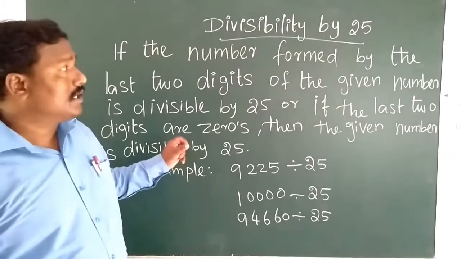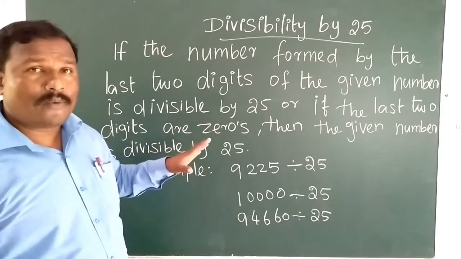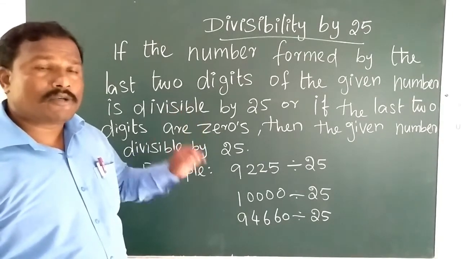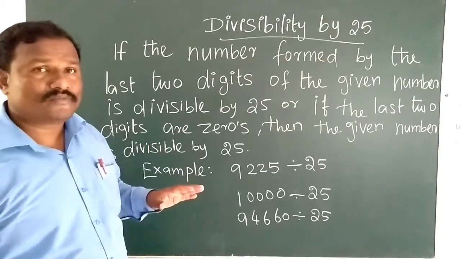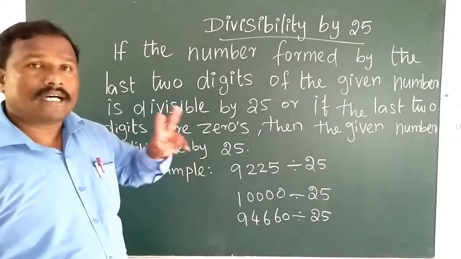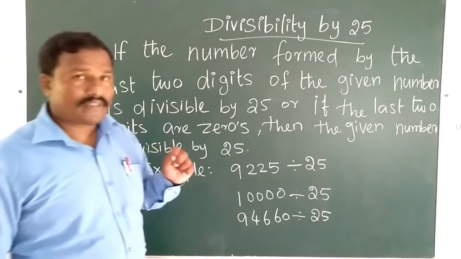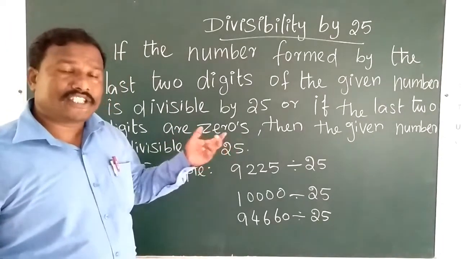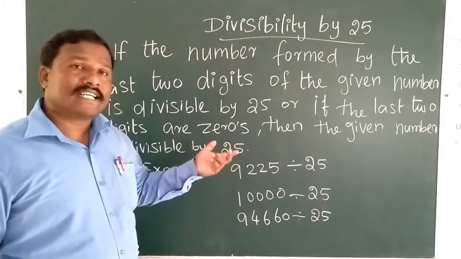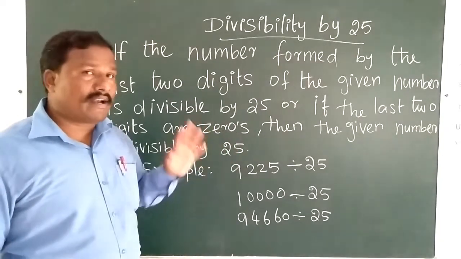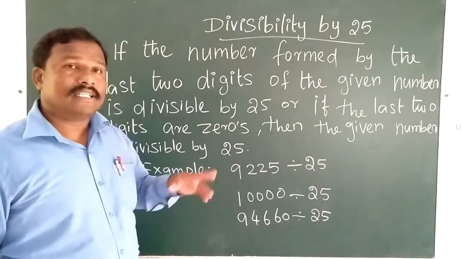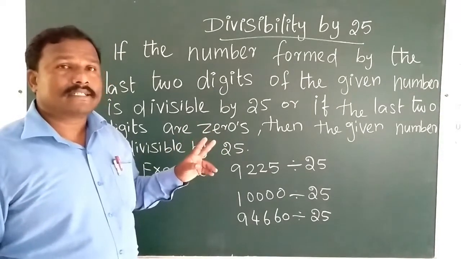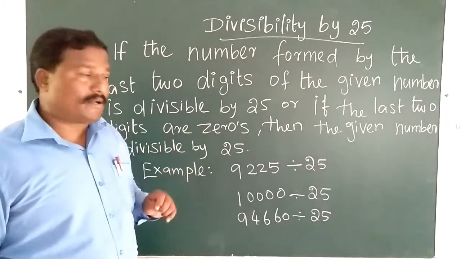So if you want to know whether the given number is divisible by 25 or not, two rules are there, two steps. You have to take the last two digits and check if they are divisible by 25 or not. Then second one, if the last two digits are 0, that number is divisible by 25.